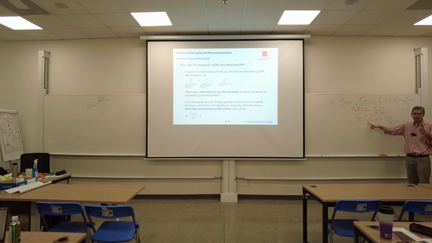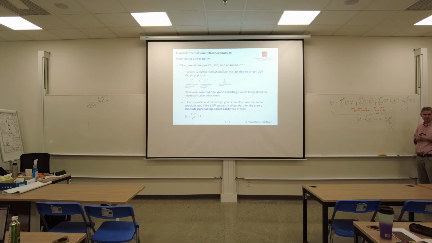Now, please note that the law of one price is not sufficient. What we need is the law of one price and the assumption that goods bundles have the same structure. Otherwise, the law of one price is not enough. That's important because later on we will see that if goods bundles differ across countries, that may give rise to real exchange rate fluctuations, right? So we'll come back to that.